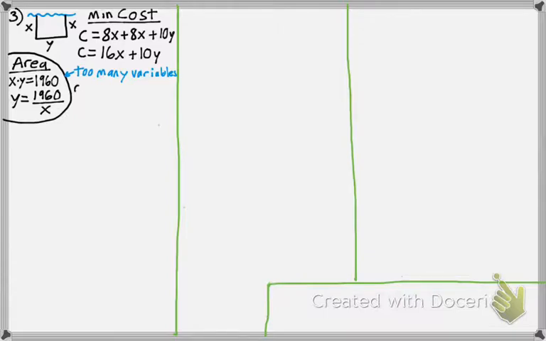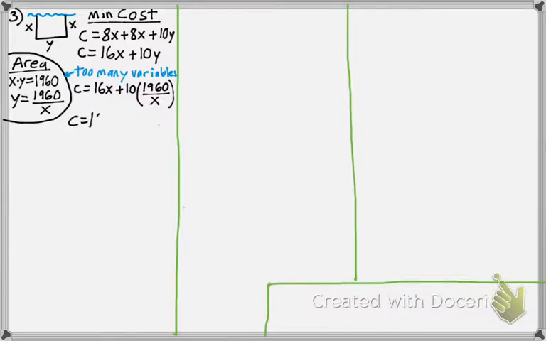So C is equal to 16x plus 10 times, and then instead of y, I'm going to plug in 1,960 over x. So now my equation only has x's instead of an x and a y. This is something that I can use with the derivative and then find critical numbers and so on. So I do want to simplify this a little bit more.